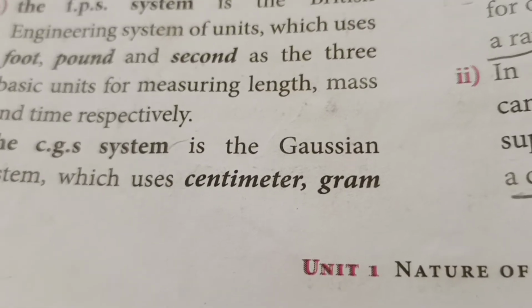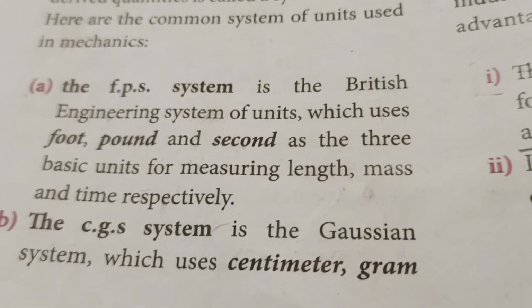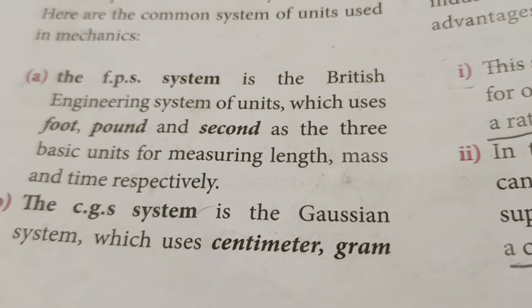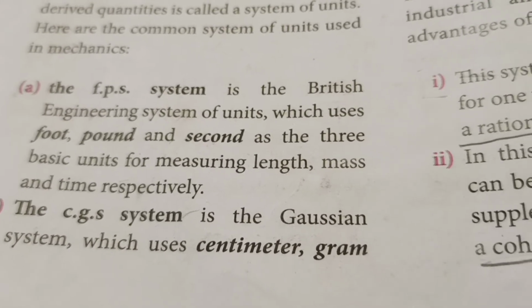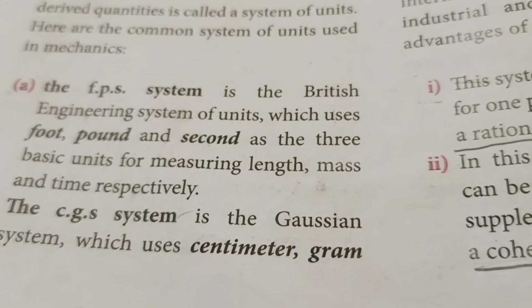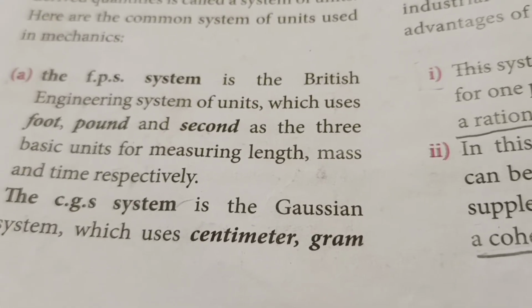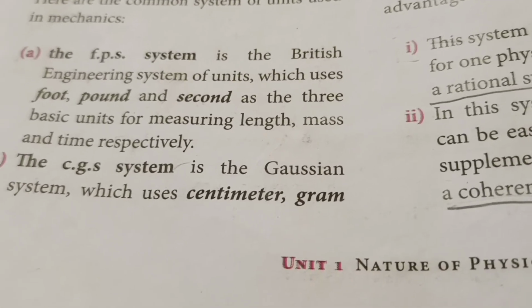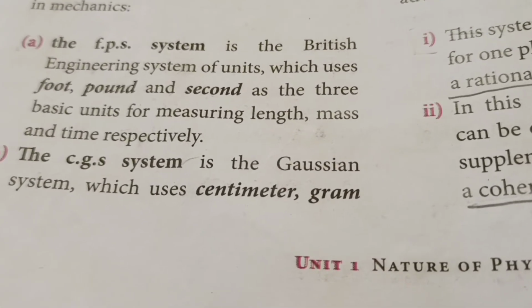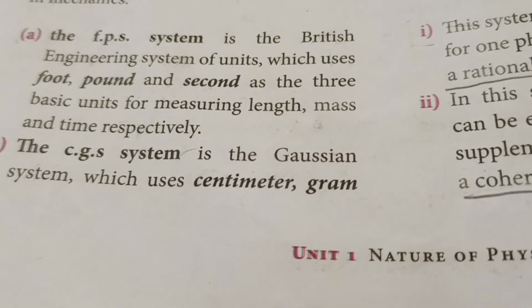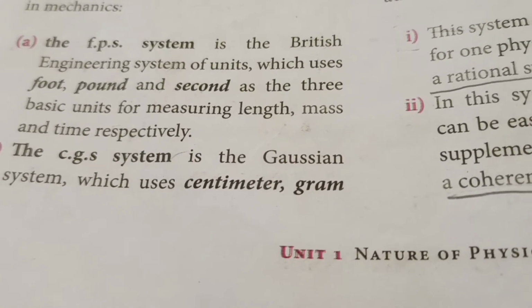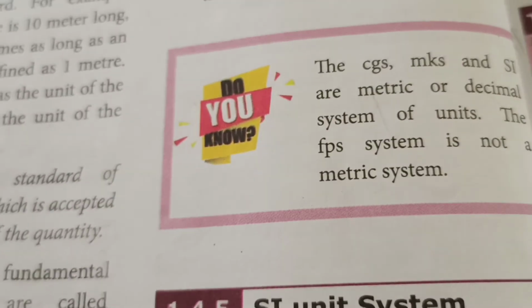What is the FPS system? It is a British engineering system of units which uses foot, pound and second as the three basic units for measuring length, mass and time respectively. F means foot, P means pound. Then the next one, the CGS system. The CGS system is the Gaussian system which uses centimeter, gram, second for length, mass, time.